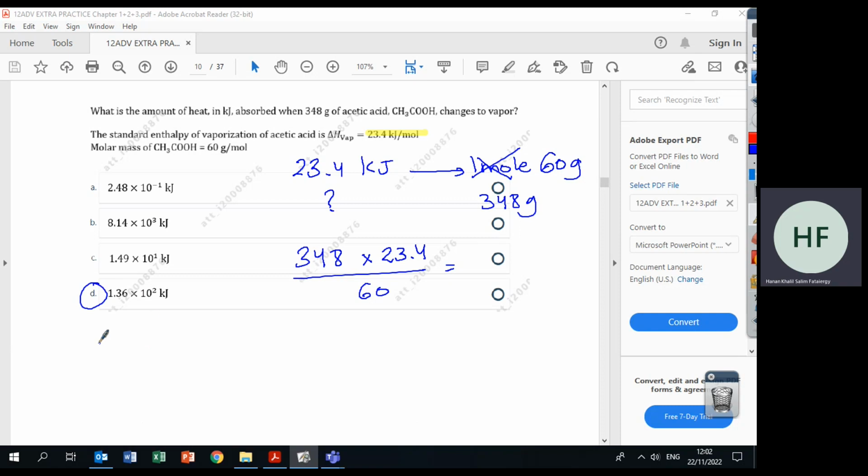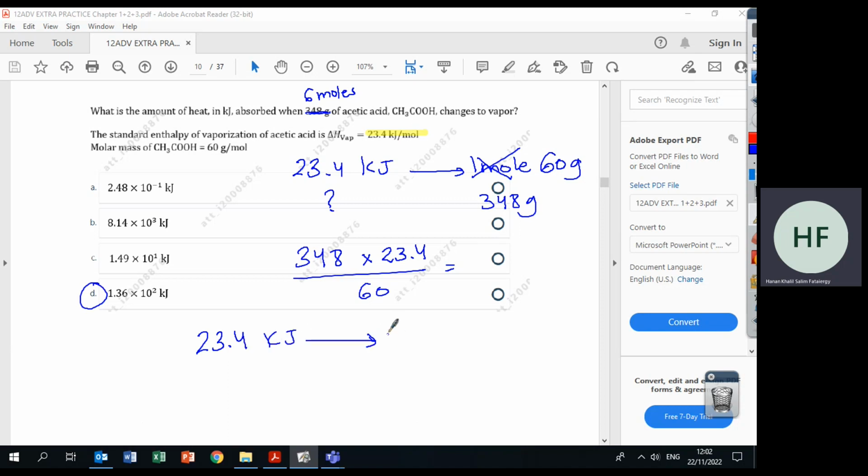Okay, I want to point to your attention something. If the question was for the same like here, what is the amount of heat absorbed when, let's say, 6 moles of acetic acid changed to vapor? So this is the same question, but instead of asking for grams, he's asking for moles, okay? So we will do the same step, 23.4 kilojoules.